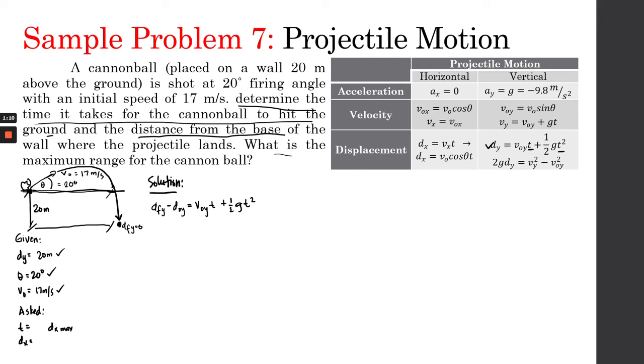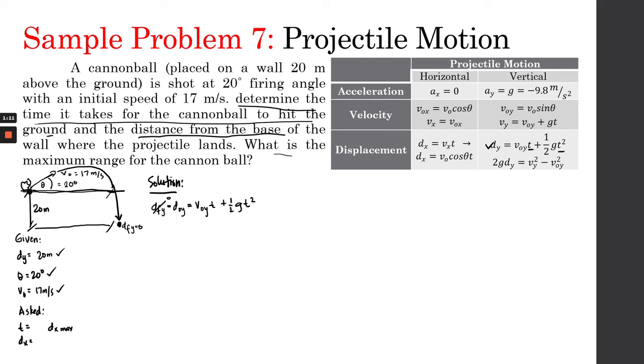So yung final displacement mo at the y-axis is 0. Pero yung initial height mo, from the point of launch, is 20.